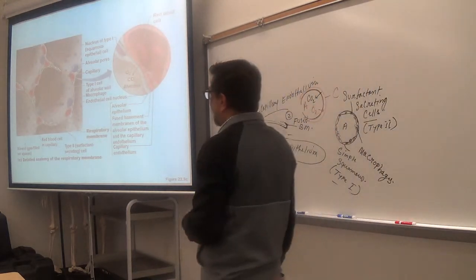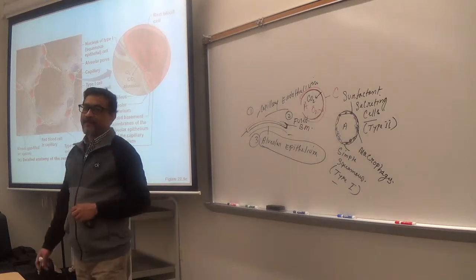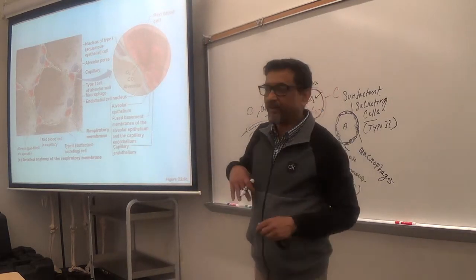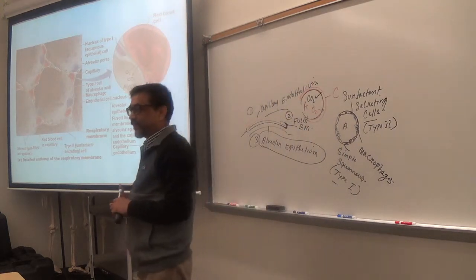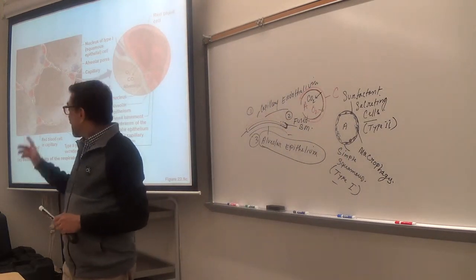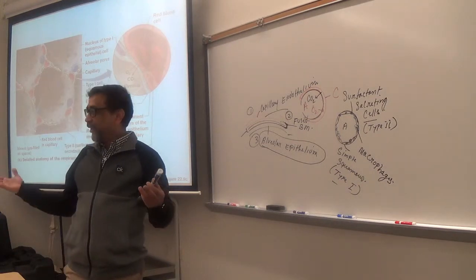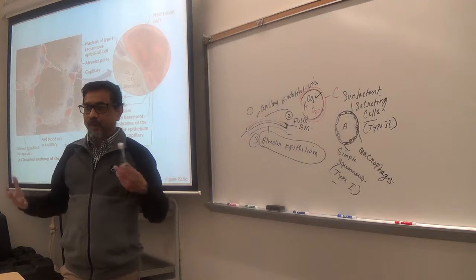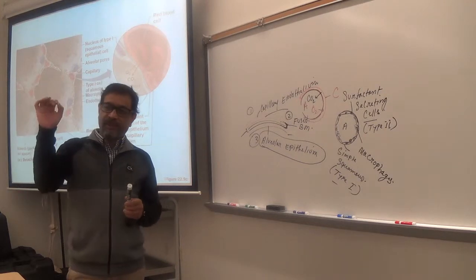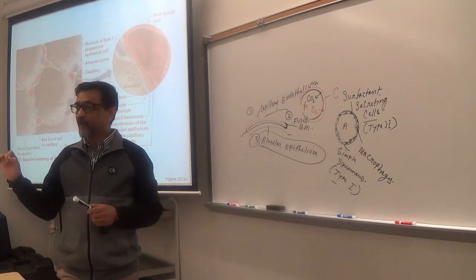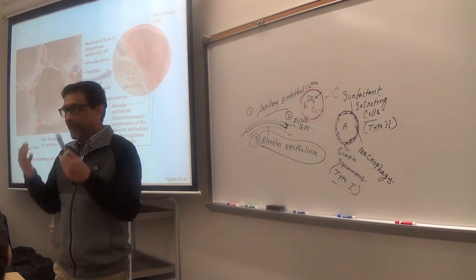Is the surfactant secreting cell type 3? We don't say type 3. Oh, yeah, macrophages, we say macrophages. Okay. Now, you see, you have about 300 million alveoli, right? In two lungs together, and each alveolus has macrophages. That means what? You are inhaling air all the time, right?